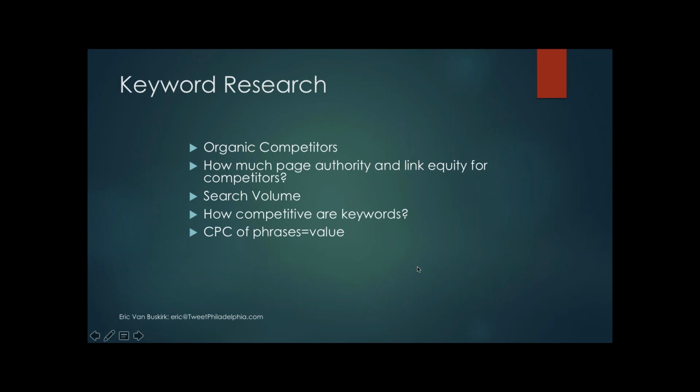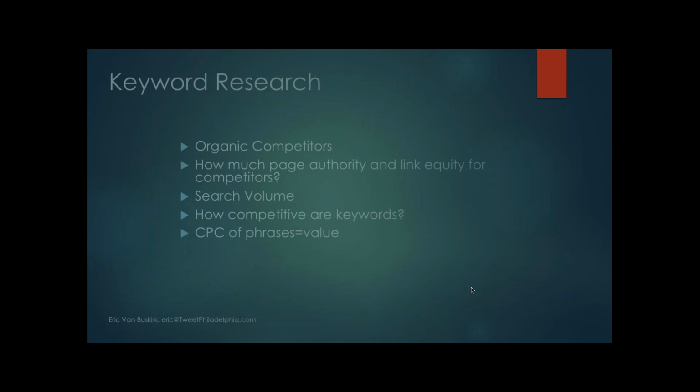Okay, so I quickly want to show you how keyword research fits into all of this. And this is the part which I'll have to go very quickly through. The most current way of doing this is we look at organic competitors by looking at their metrics compared to ours, and then we look at keyword metrics.